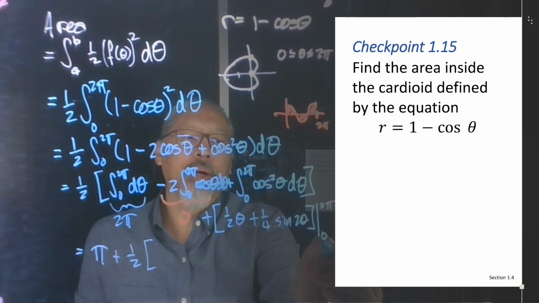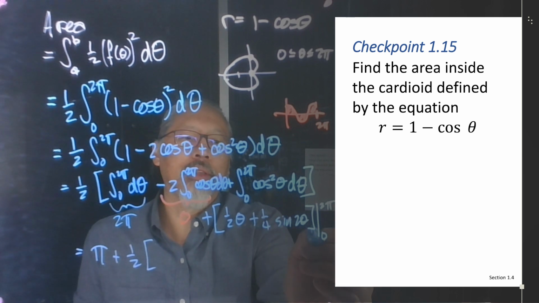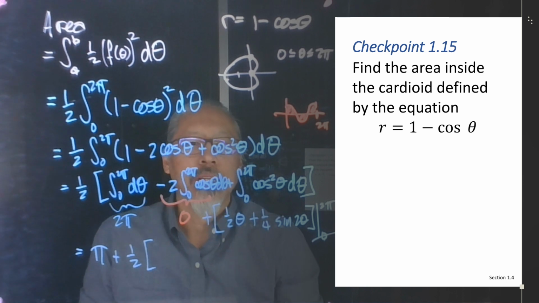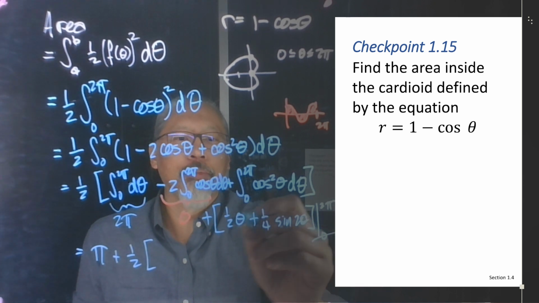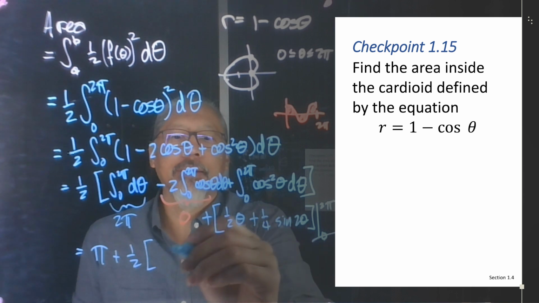Let's evaluate this. By the way, when you put 0 into theta, sine of 0 is 0, so there's no contribution from 0. We just need to worry about what happens when we put 2 pi in there. 2 pi in there, we're going to get pi. Pi times 2 pi is pi.